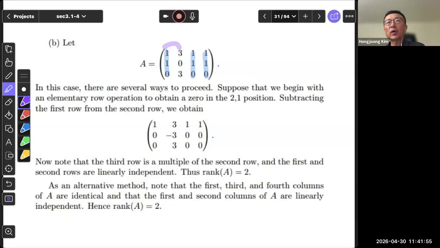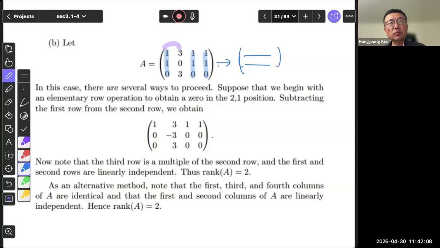Then when I perform some elementary row operations, you have 2 non-zero rows, and the third row will become just a zero row. Actually, you get 1, 3, 1, 1, and then you get 0, -3, 0, 0, and a zero row, because the rank is 2, not 3.